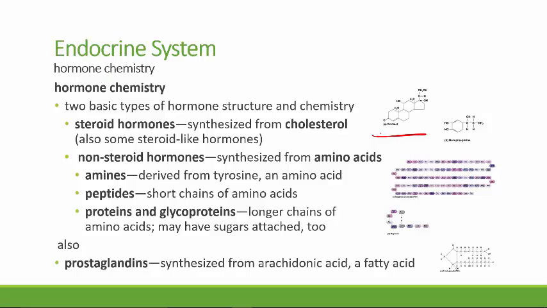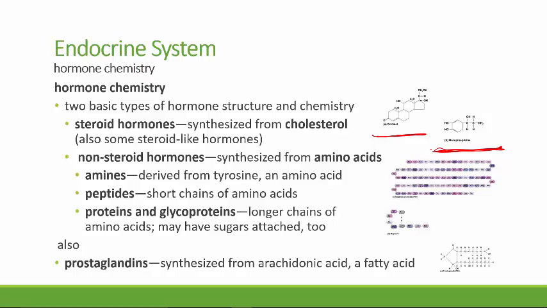So the amines, like, where's an example amine here? Norepinephrine is an example amine. It's derived from tyrosine, the amino acid tyrosine. So amines are small, built from a single amino acid.